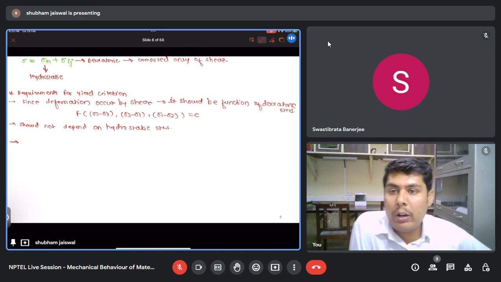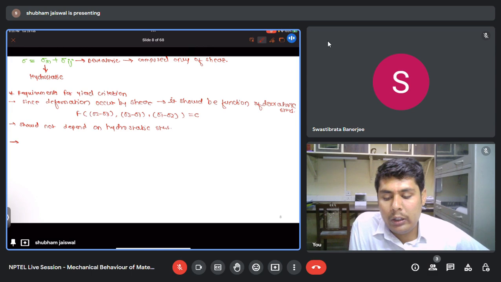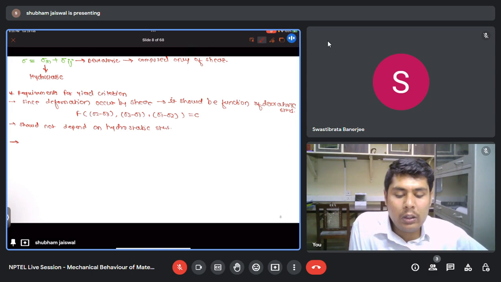And the third requirement that we have seen for the yield criterion is that it should not depend on the choice of axis. So there must be some invariant.